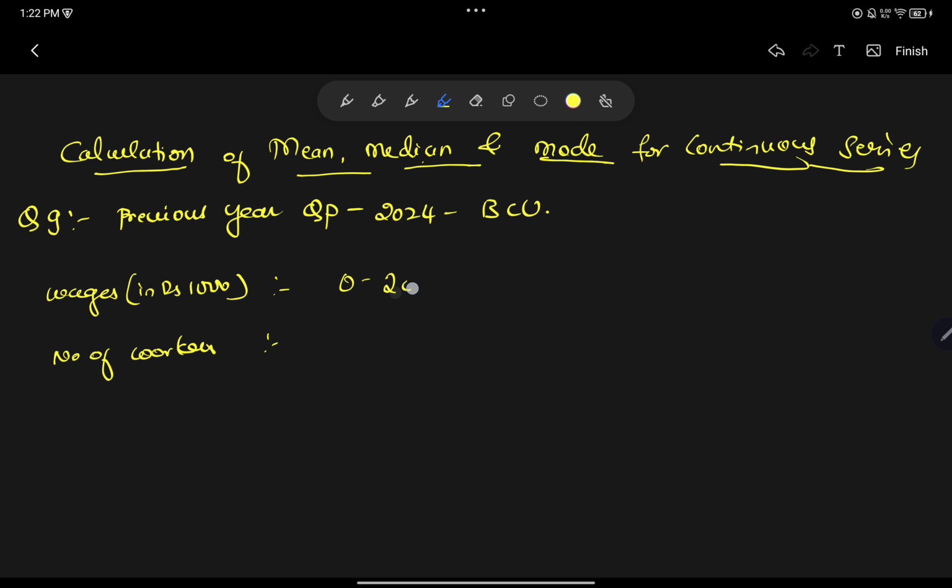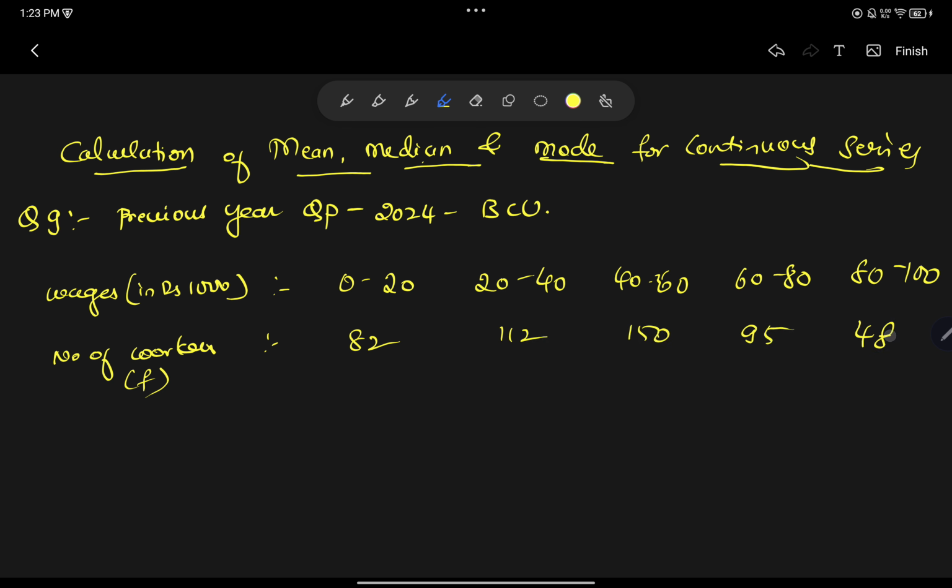They have given the classes 0 to 20, 20 to 40, 40 to 60, 60 to 80, 80 to 100, and the frequencies, that is the number of workers: 82, 112, 150, 95 and 48.